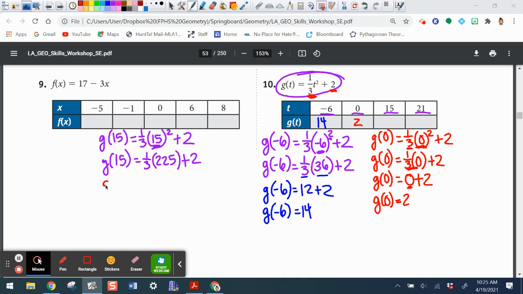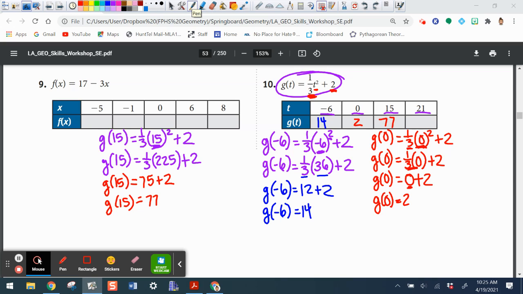If you're familiar with that concept. 1/3 of 225 is 75. Last but not least, g of 15, we'll add 75 plus 2 and get none other than 77. So our number is increasing rather dramatically here. Makes sense because we are dealing with an exponent. So it's exponentially growing, if you will.